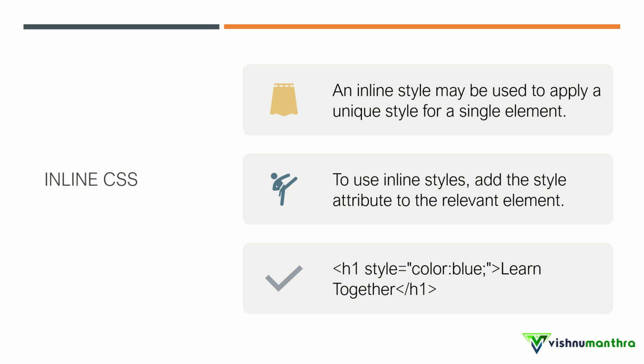To use inline styles, we have to add an attribute to the relevant element. So here you can see h1 is our heading. To h1 we are giving an attribute called style, and we are providing color as blue. So what does that mean? It means we are providing some characteristics to our tag.